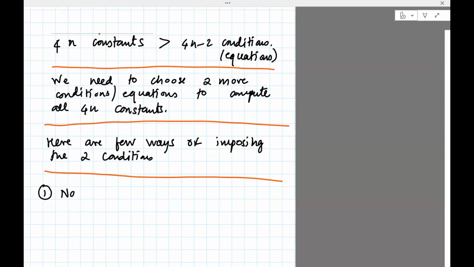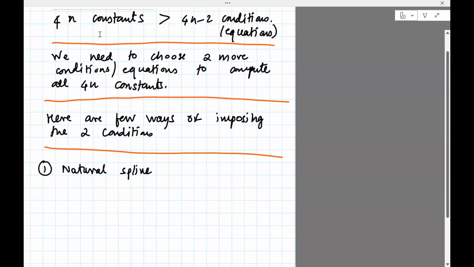One is known as the natural spline. What the natural spline does is you impose this condition: f double dash at t0, that is the acceleration, is 0, and acceleration at the end is 0.